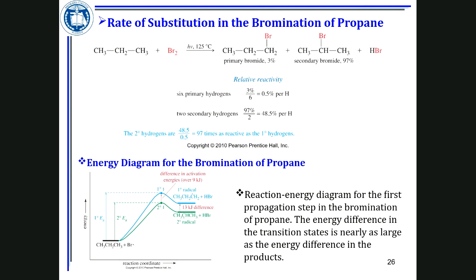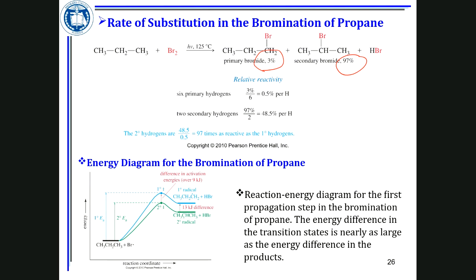Comparing bromination with chlorination. For bromination, you get primary only 3%, but secondary 97%. What does it mean?